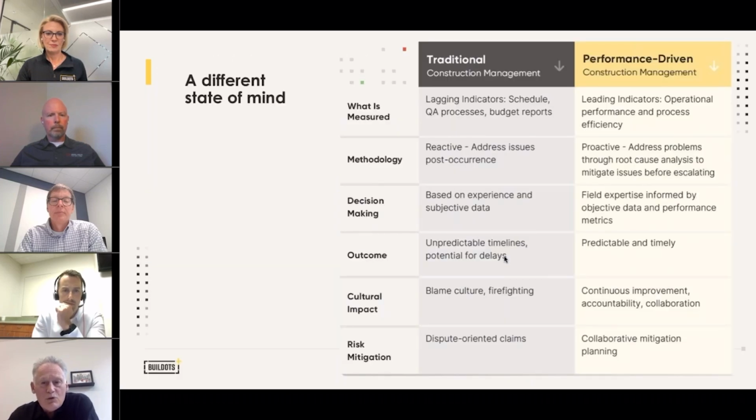What's the difference between traditional and performance-driven? I say performance-driven, we've coined it from other industries, just trying to get people to think in that way, which is we're here to improve productivity and performance on the project. And we all know at the moment, and as I say, it's no criticism of what people are doing, that the indicators that we can get on site are typically lagging indicators.